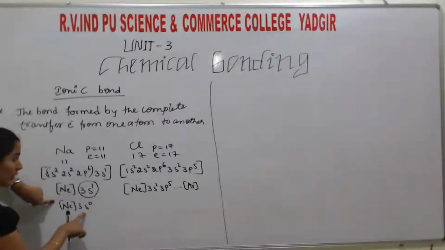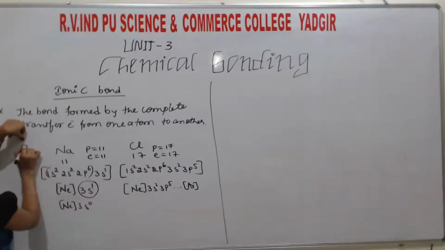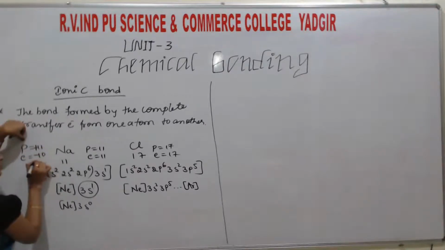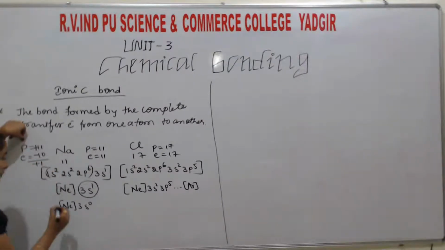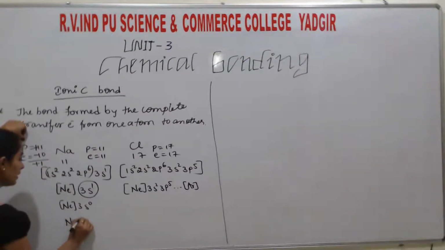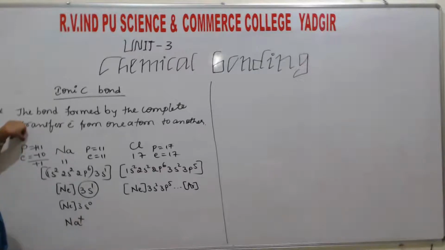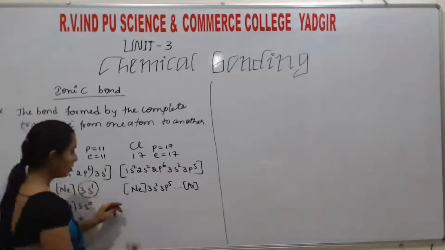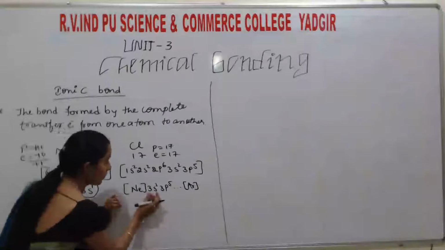So one electron less means then what happens? Protons remain 11, electrons become 10. Proton charge is plus, electron charge is minus, remaining is plus 1 charge. So this is Na plus.